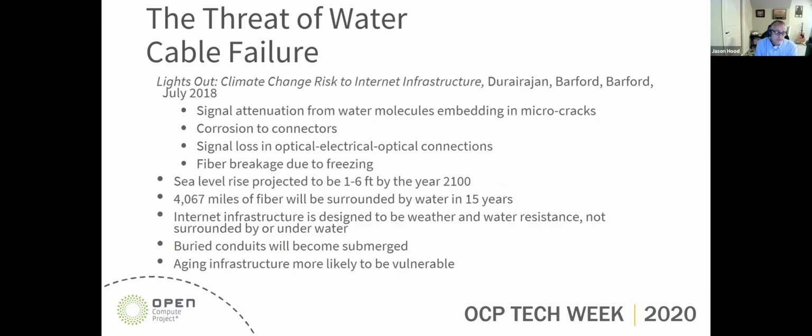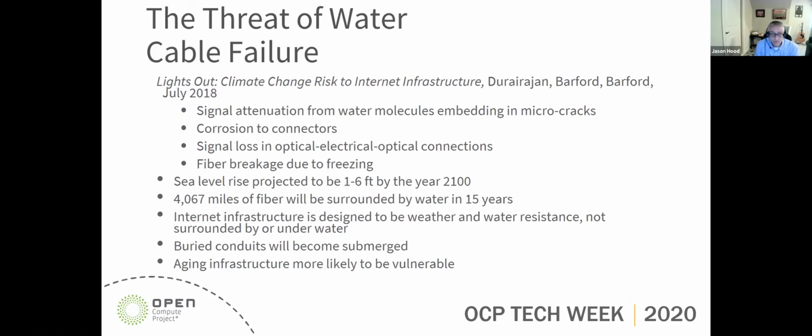What I want to show you now is a really nice paper that came out in 2018. It's called Lights Out: Climate Change Risk to Internet Infrastructure. In this paper, they talk a lot about the effects of climate change on critical internet infrastructure. A few of the things they discuss are signal attenuation from water molecules embedded in microcracks that can affect the actual cable, corrosion of connectors, signal loss, and fiber breakage due to freezing.